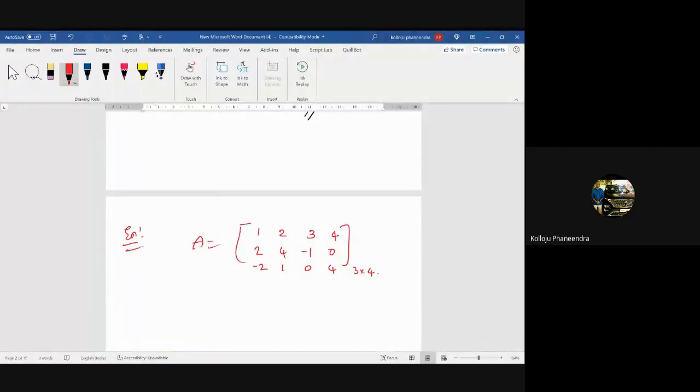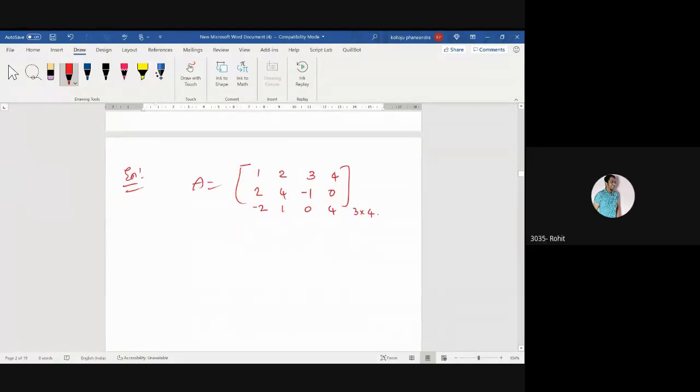So I have to consider a minor of what order? 3 by 3 or 2 by 2? First 3 by 3. Why 2 by 2? 3 is there, no? First select the highest always. What is the highest square submatrix here? 3 by 3.